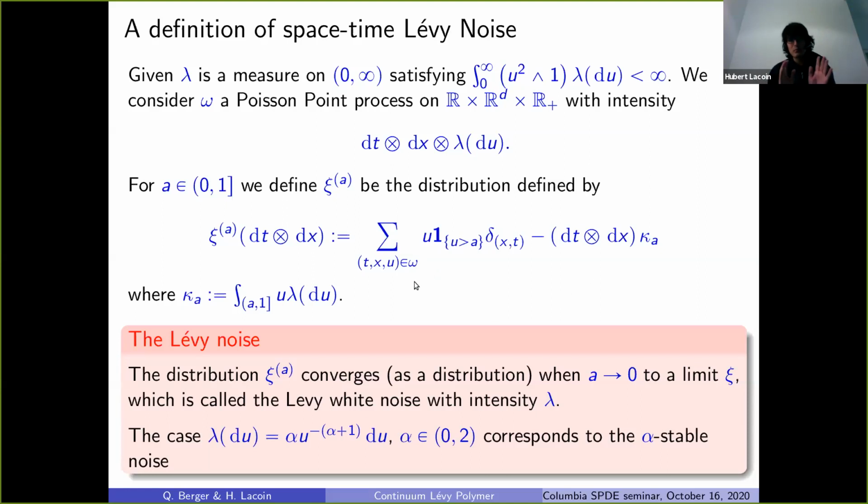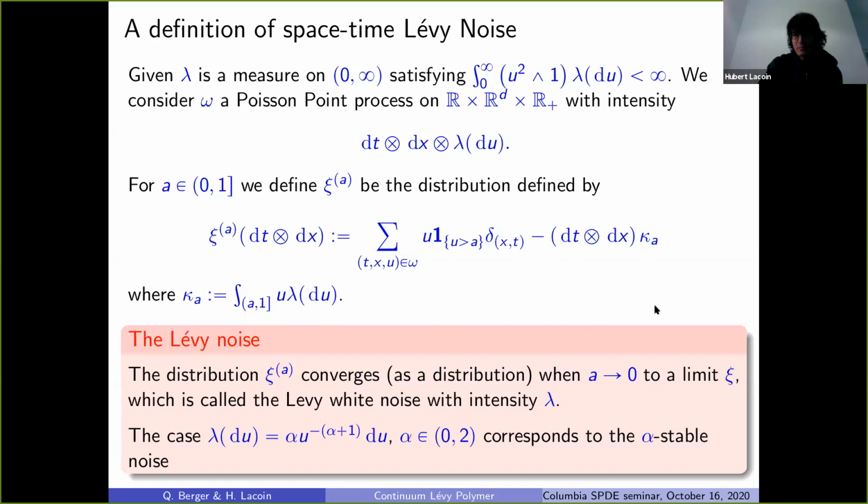One practical way to do that is to first introduce a cutoff. I sum over all the points which have mass larger than A, and I subtract from my process Lebesgue measure times kappa A, where kappa A is what I need to recenter the contribution of all the jumps between A and 1.